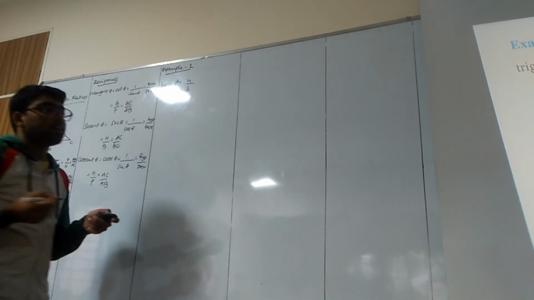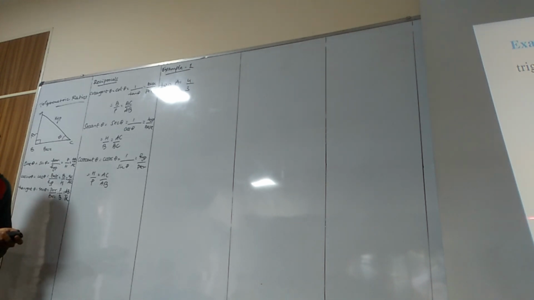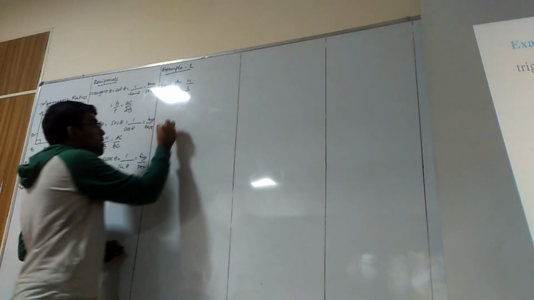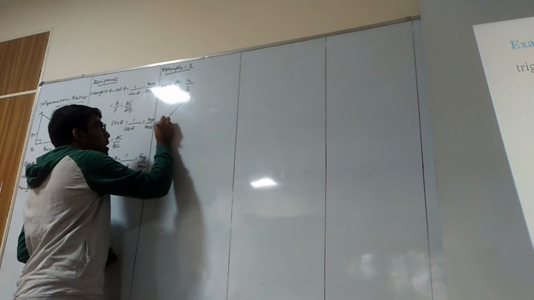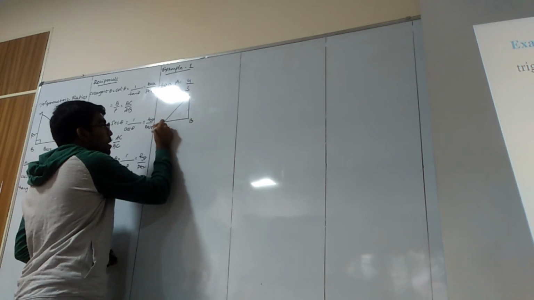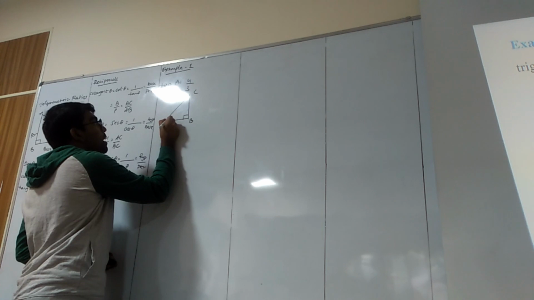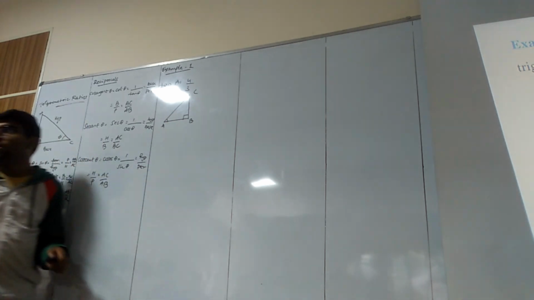Let me take this triangle. So we have a right angle triangle like this, where A and C are here. This is the angle where it is the right angle.